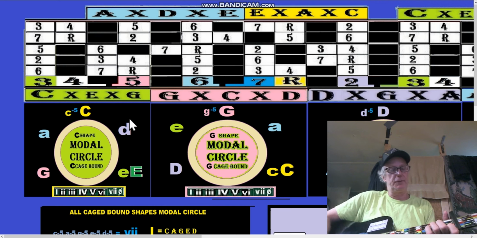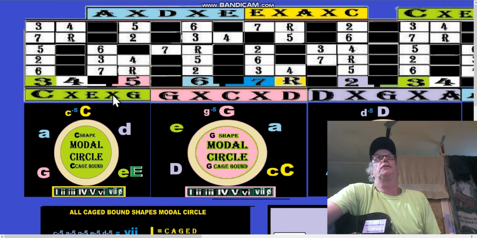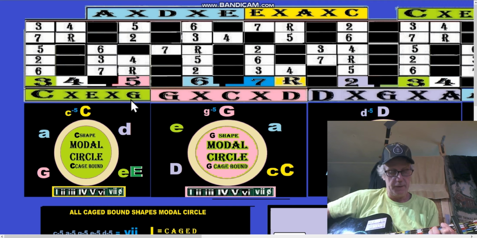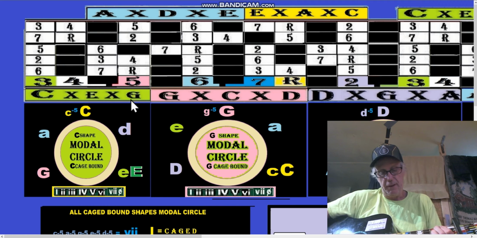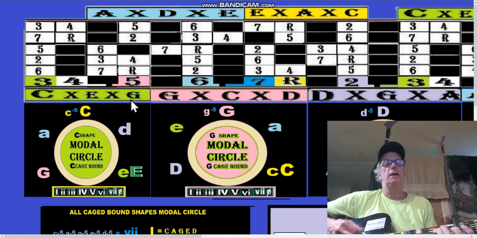So the modes in C, let's first do 1, 4, 5. So here's 1, here's 4, here's 5. If I played an A minor, which one would that be? That's the 6th minor. E minor is the 3rd minor.